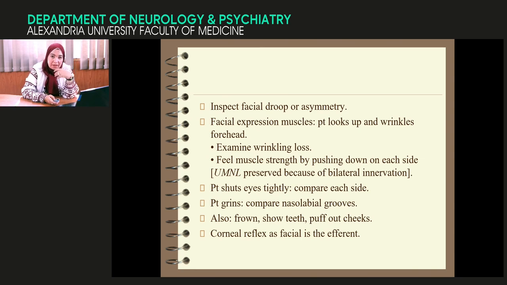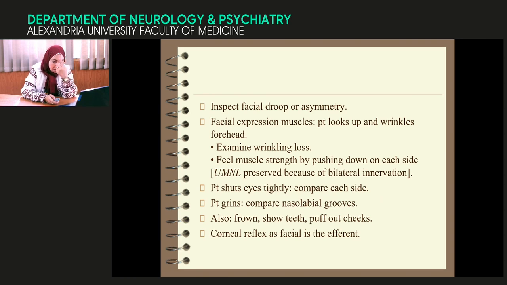When we examine the facial nerve, we must inspect if there is any asymmetry of the face, if there is deviation of the face. In all the cranial nerves, when there is deviation, it will be toward the affected side, except facial and vagus. The deviation will be toward the healthy side. Because of that, if I have deviation of the mouth to the left, this means the problem is in the right.